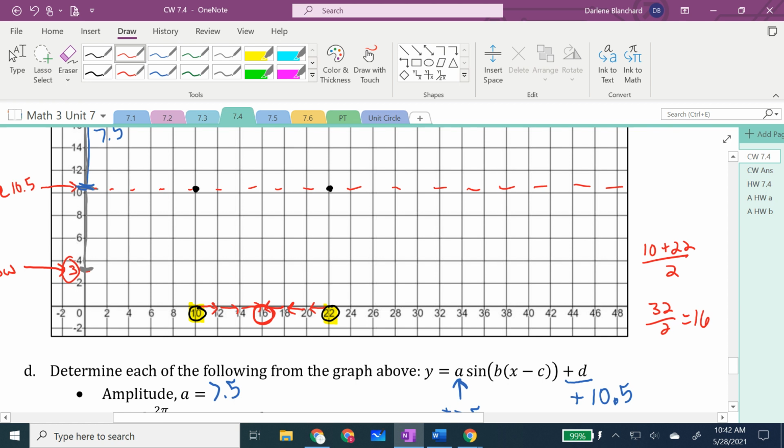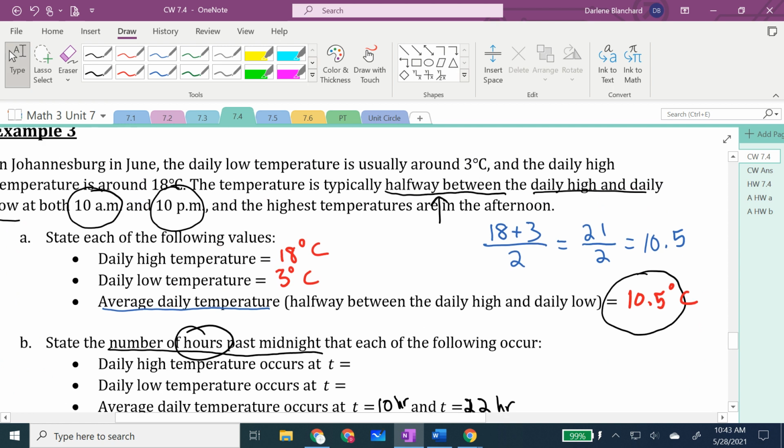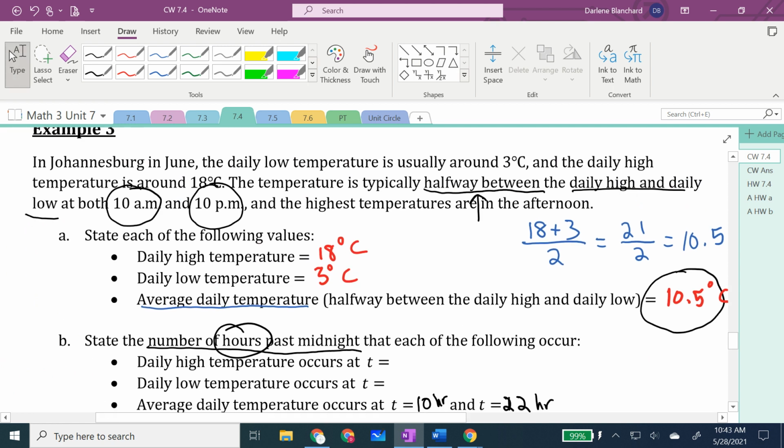Now, what I know here at this point is that at time 16, I am either at a high or a low, but I need to read a little bit more information to determine which of those two it is. So now it says the temperature is typically halfway between the daily high and daily low at both 10 a.m. and 10 p.m. And the highest temperatures are in the afternoon.